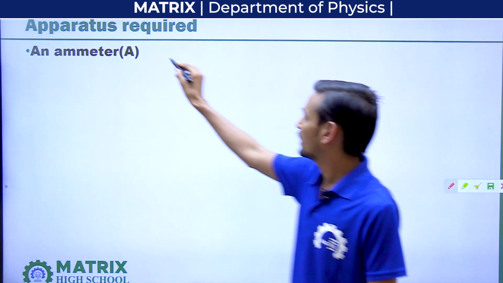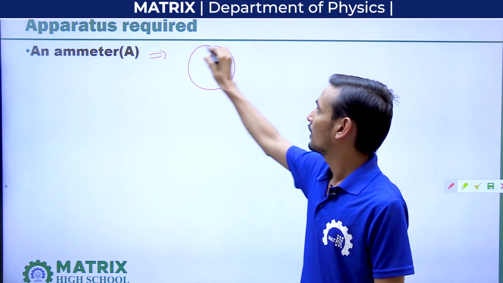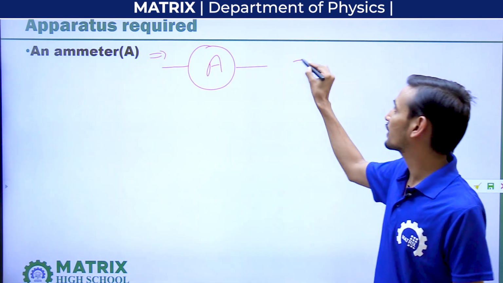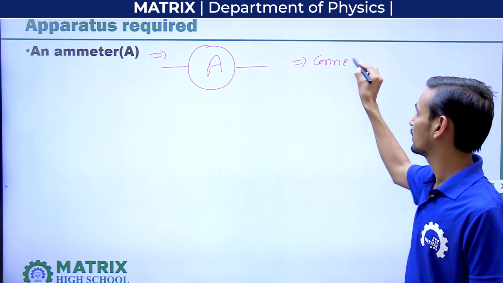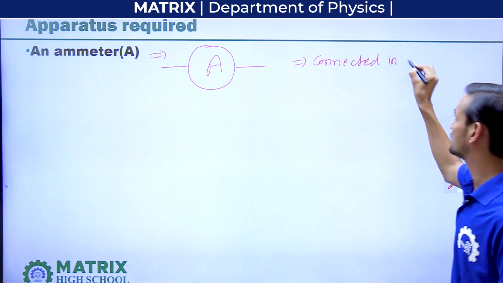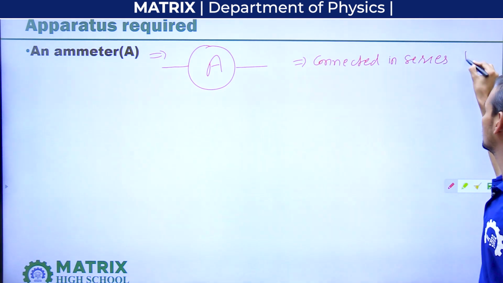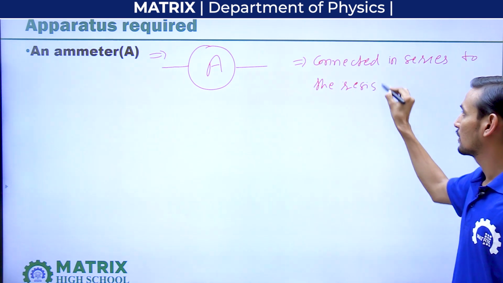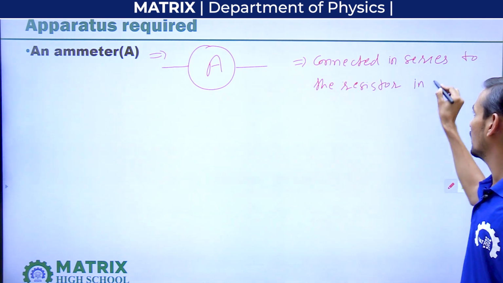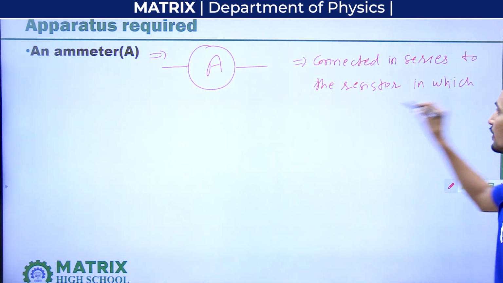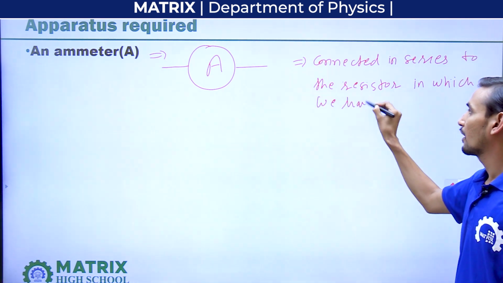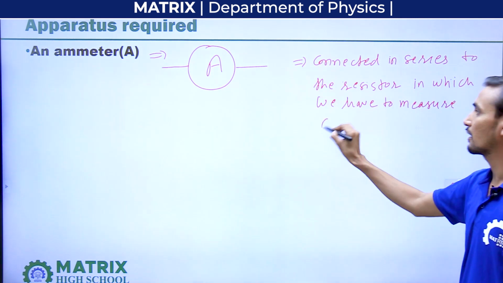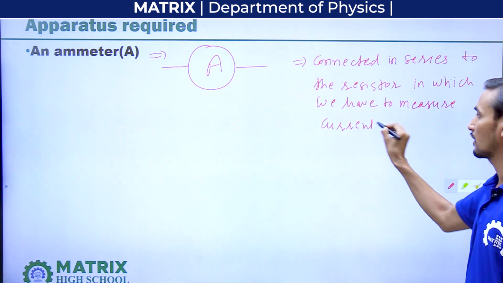We know that an ammeter is shown by A. It is connected in series to the resistor in which we have to measure the current.